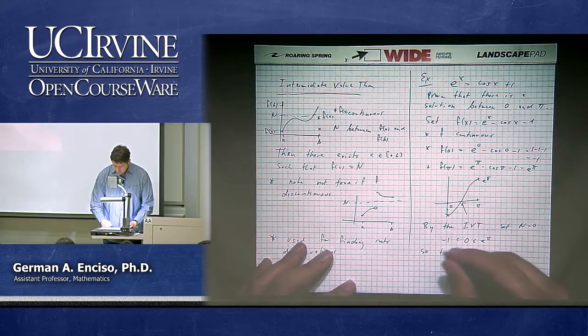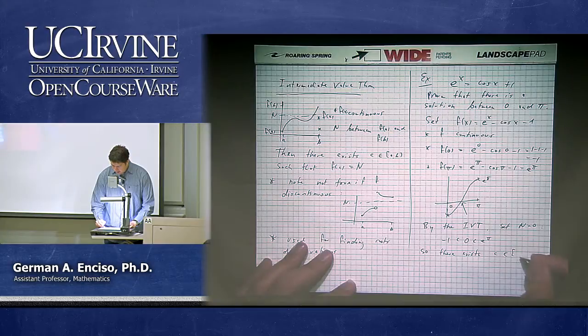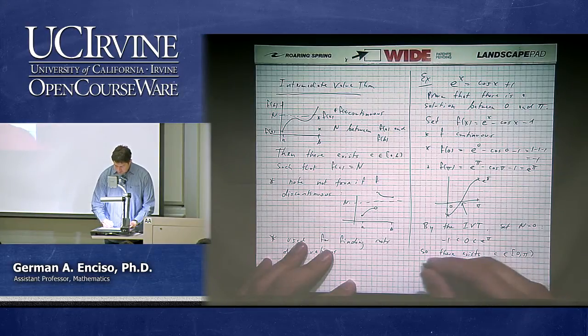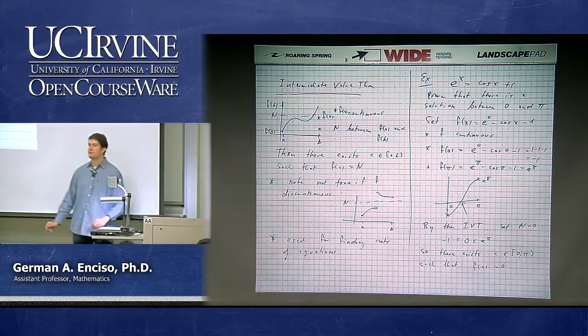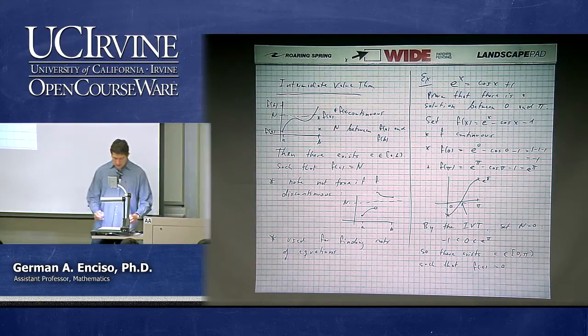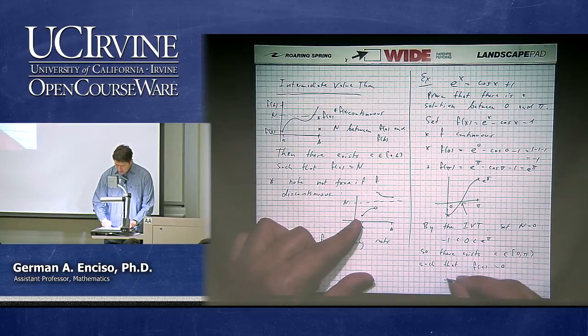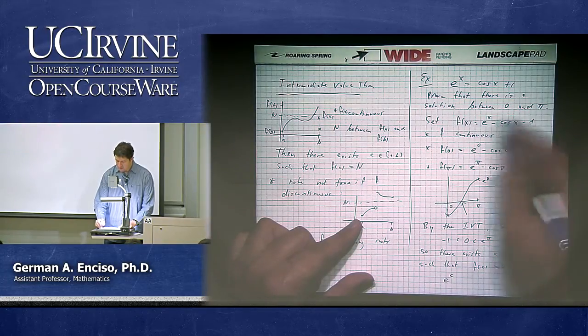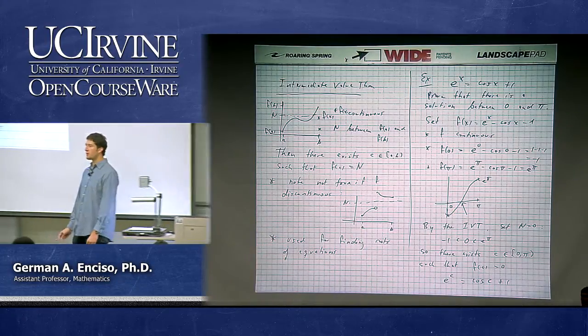So there exists c between a and b, between 0 and pi, such that f of c is equal to 0. That's where we apply the theorem. And by setting f of c equal to 0, we can replace f of c by the expression and say that e to the c is equal to cosine of c plus 1. That's our root.